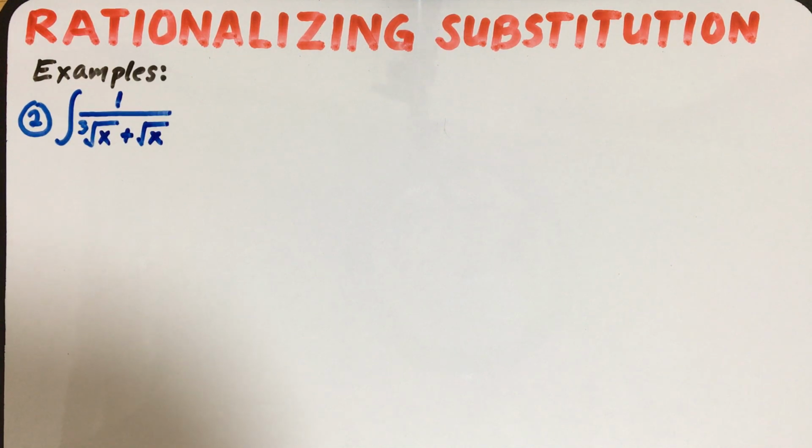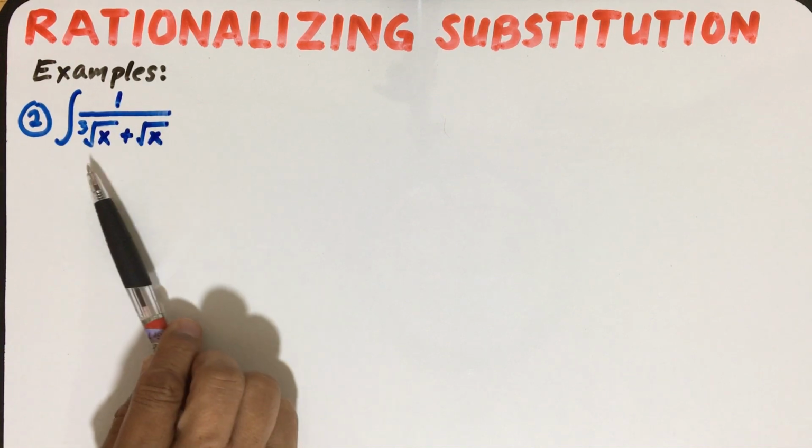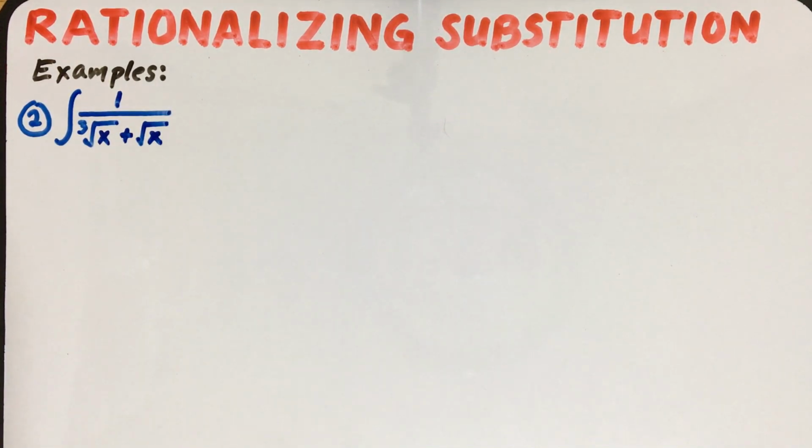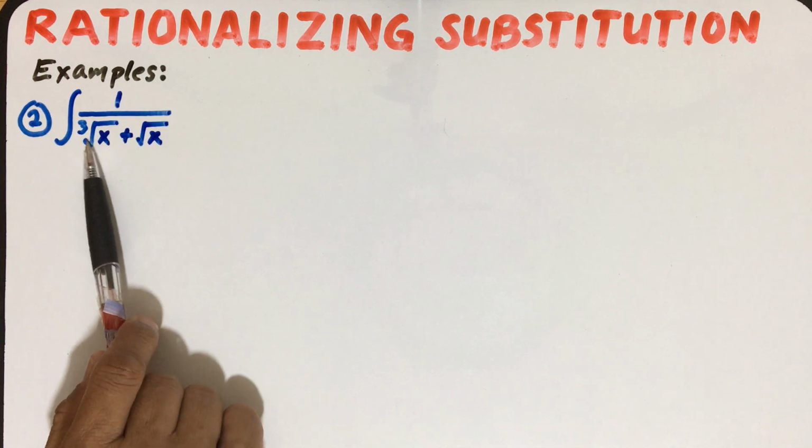So our goal now is to transform this into something that will make it a rational fraction, because this contains the radicals, the cube root and the square root.